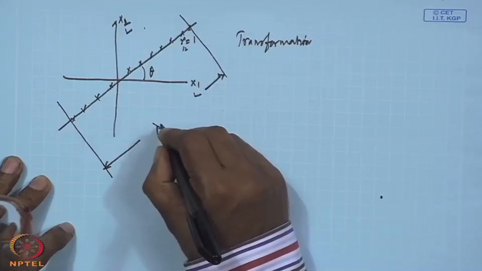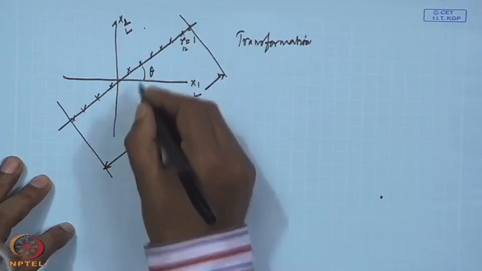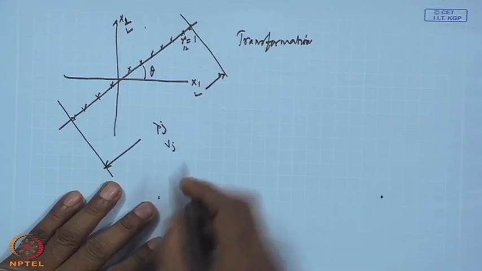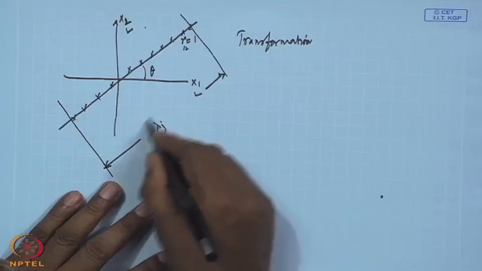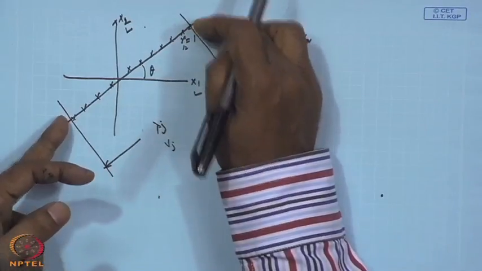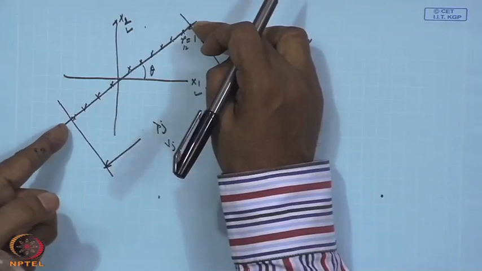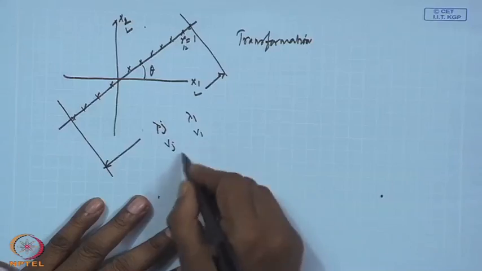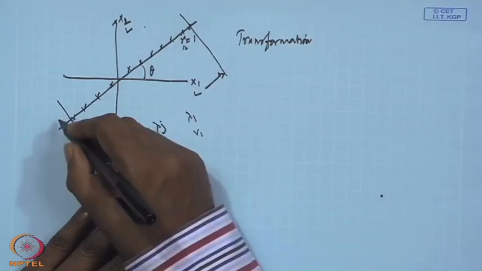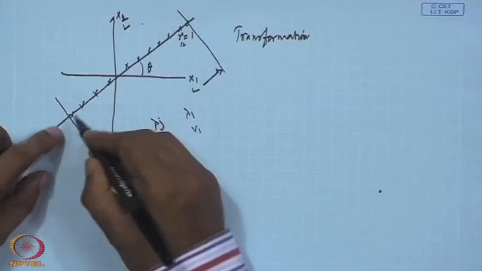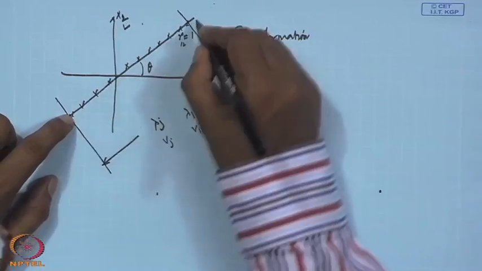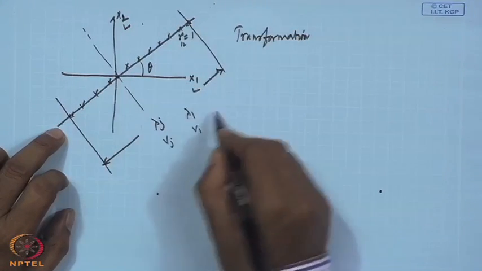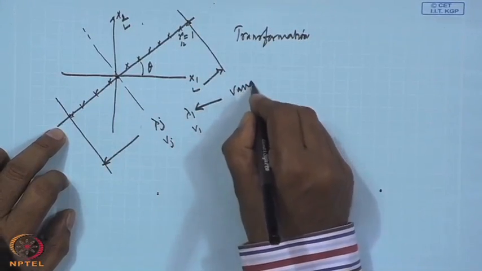This variability is captured by lambda, and the direction is captured by the eigenvector. What we are trying to say is that only one dimension is required to measure this structure, and that one will be lambda 1 and V 1. Lambda 1 V 1 is sufficient to capture this data, because along this line my variability is this, but along the perpendicular to this line the variability is 0. So lambda represents the variance component.